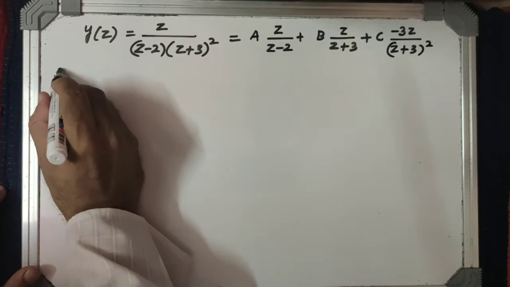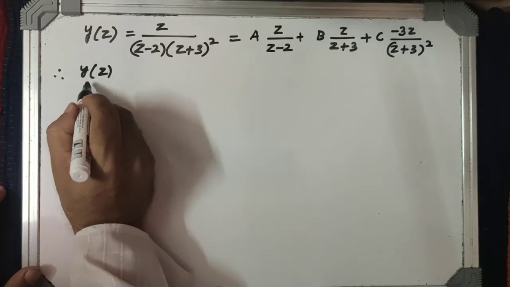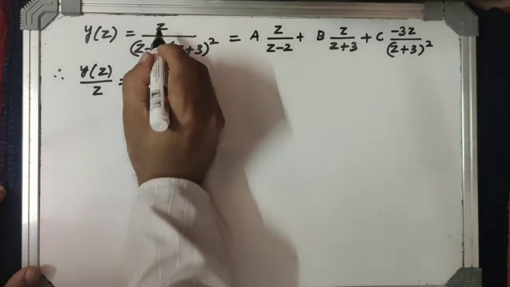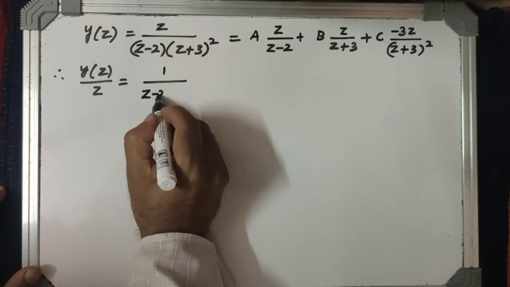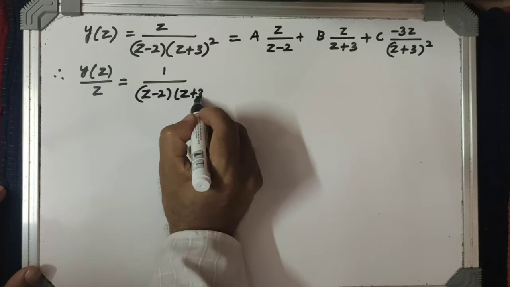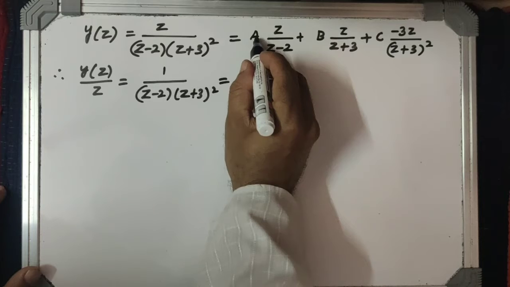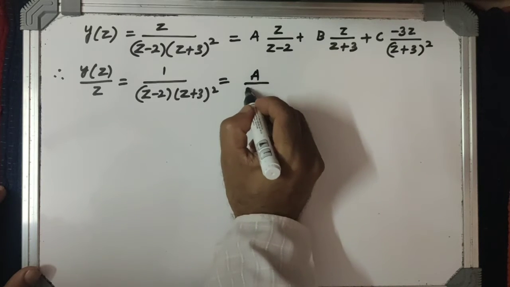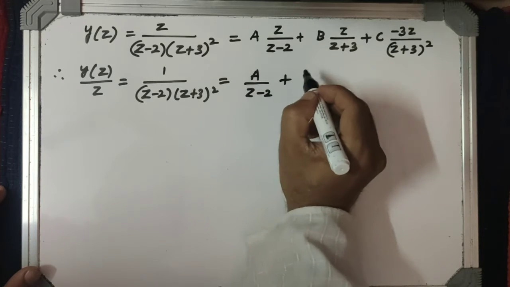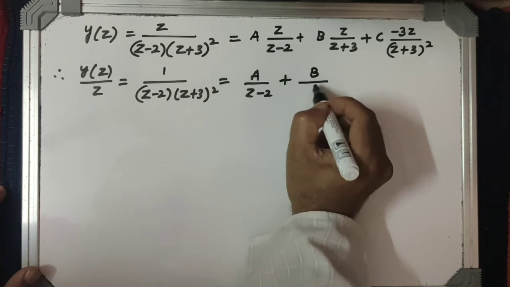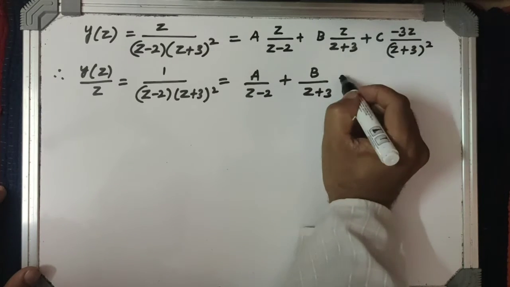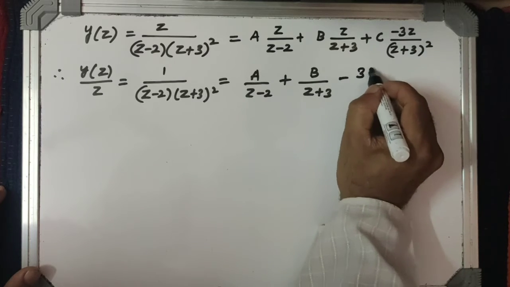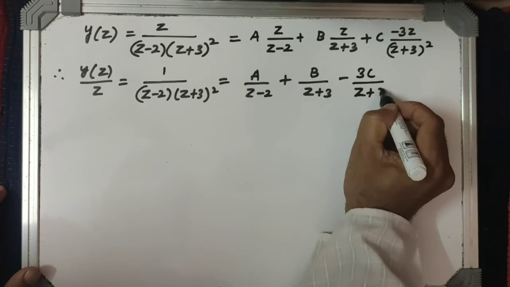So therefore Y(Z) divided by Z will be equal to 1 divided by (Z minus 2) into (Z plus 3) whole square, which is equal to A by Z minus 2 plus B by Z plus 3, minus 3C by (Z plus 3) whole square.